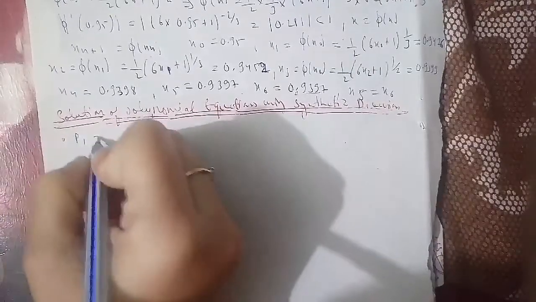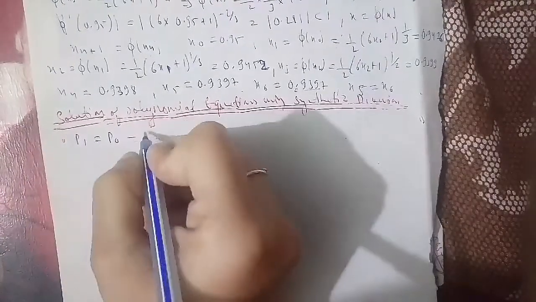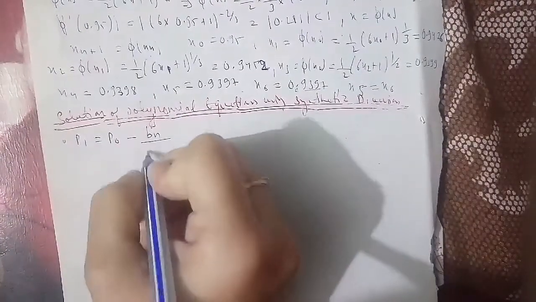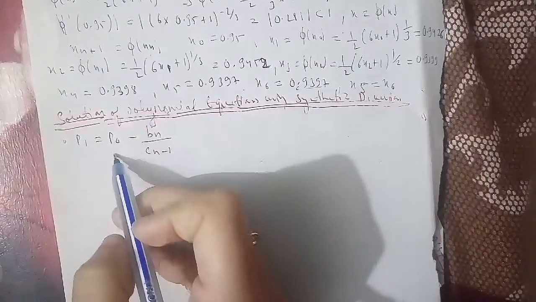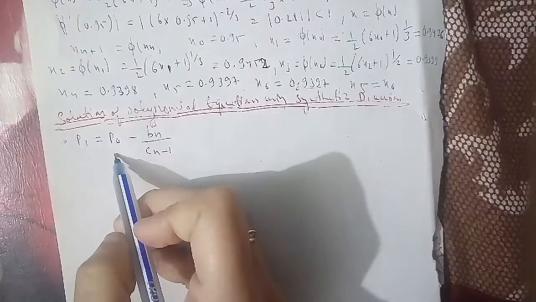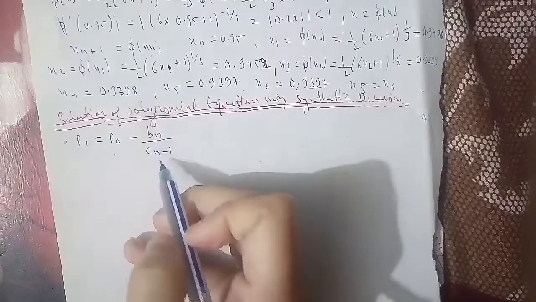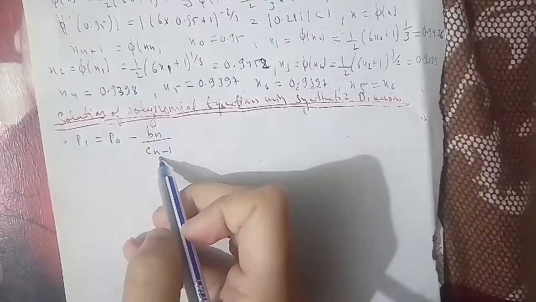For improved values of the roots, p1 = p0 + Δp and q1 = q0 + Δq.